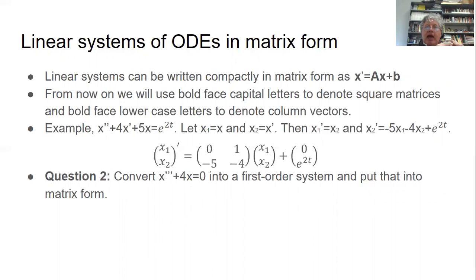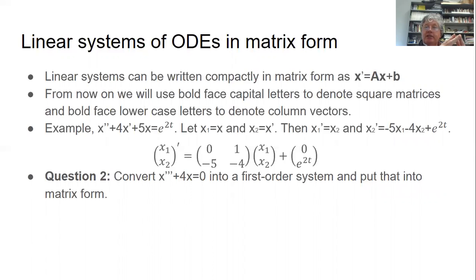We're going to use a capital letter in boldface to denote square matrices and lowercase letters to denote column vectors. And so here's an example. Here we've got x double prime plus 4x prime plus 5x equals e to the 2t. That's a second order equation, non-homogeneous.